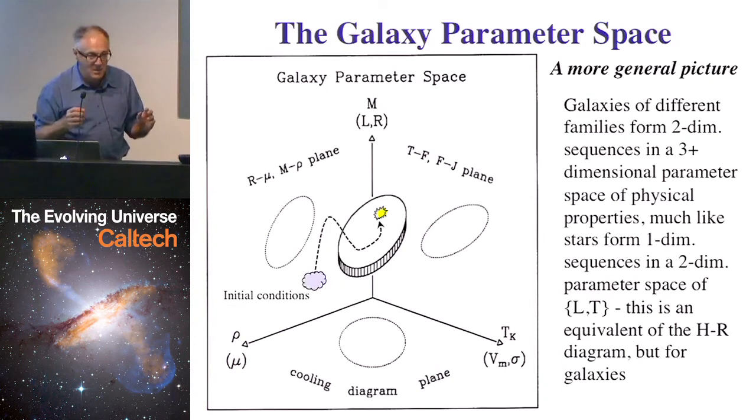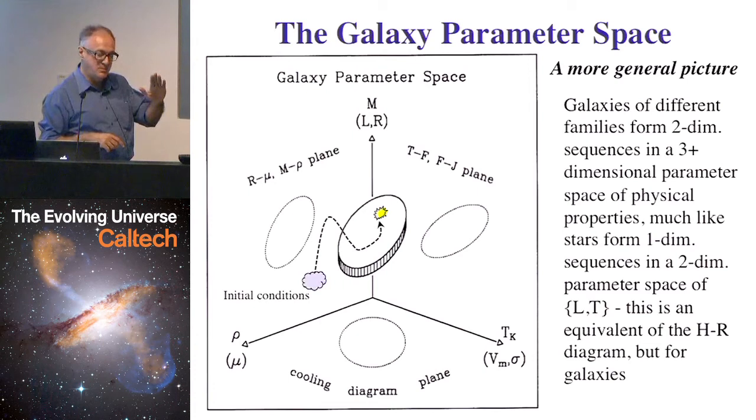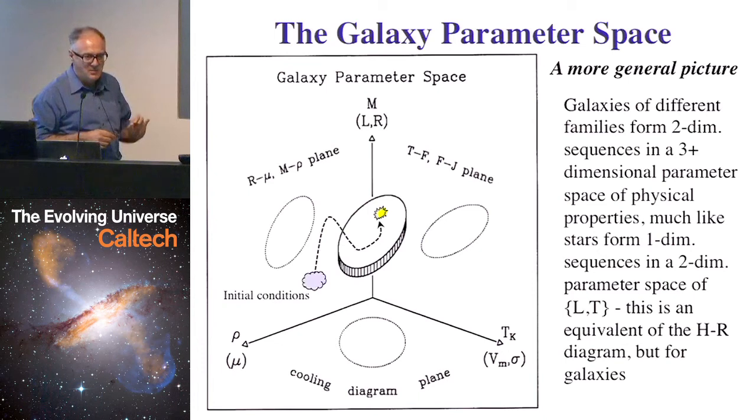And in that space, they're not on lines, they're on sheets. And different galaxies are in different positions. And so no matter where they start from, they end on one of these correlations. And nowhere else. So there are preferred dynamical states.